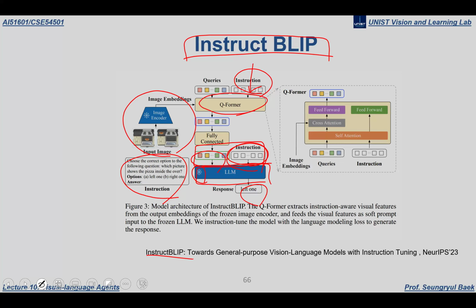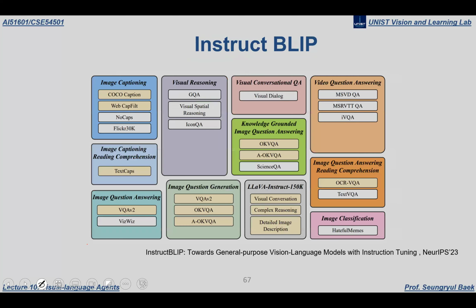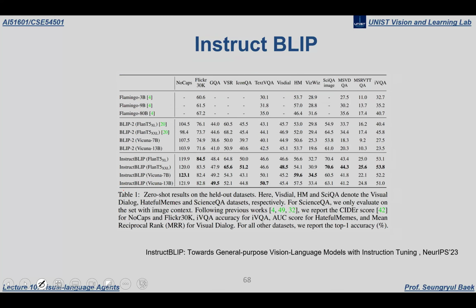They slightly improve the performance for these tasks, and they train InstructBLIP using many VQA datasets. Compared to Flamingo and BLIP version 2, the early-stage VLMs, InstructBLIP improves accuracy in the zero-shot manner in multiple tasks.